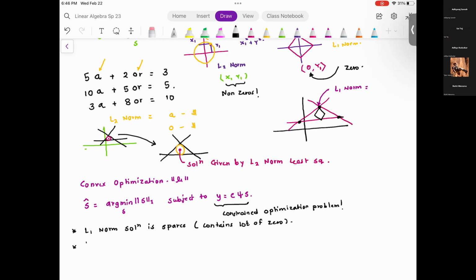The L2 norm solution, or least square solution, is populated. What it means is very few zeros.